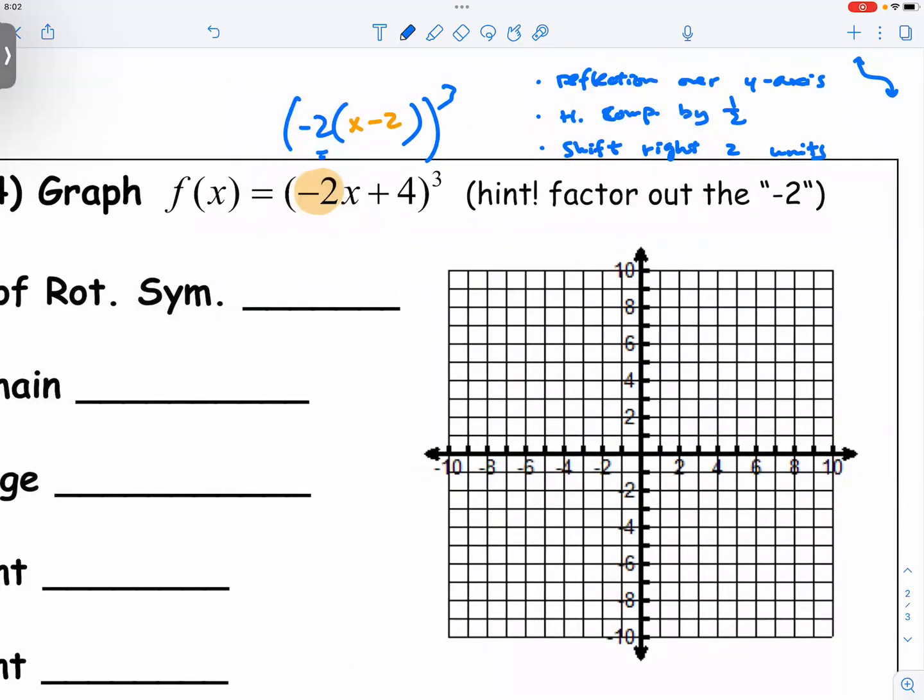So now, how do we incorporate all these transformations into our graph? Well, we have to shift the graph 2 units to the right. So that means our center of rotational symmetry will be at 2, 0. All right. And then, what else? We have to go down. It's decreasing and horizontal compression by 1/2.